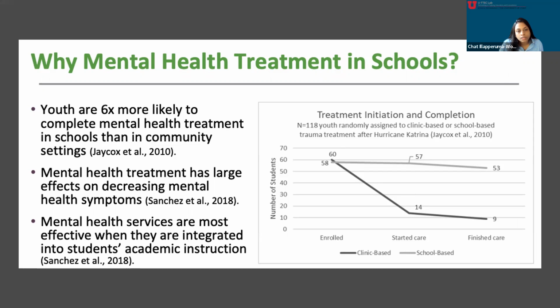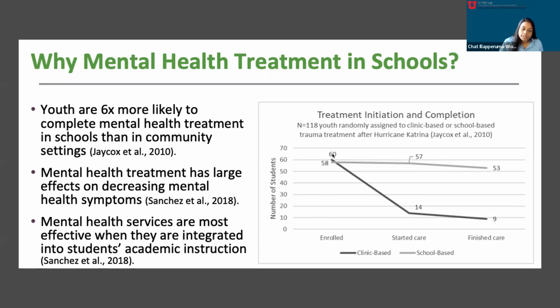So here you see a graph which portrays treatment initiation and completion rates of students in 2 different settings. The darker line is clinic-based and the lighter line is school-based. If you focus on the x-axis, you have students enrolled, students who started care, and students who finished care. Your y-axis is number of students.